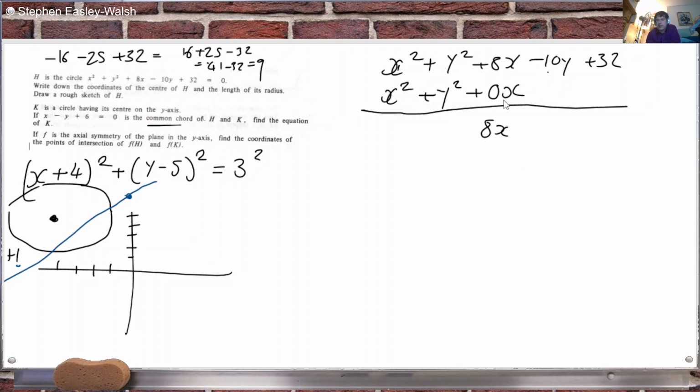So let's think about this. How could I make an 8y there? So that would have to be minus 2y. So subtract that, and that gets minus 8y. So I'll have to divide by 8 in a moment. So 48. So I think it's 16.